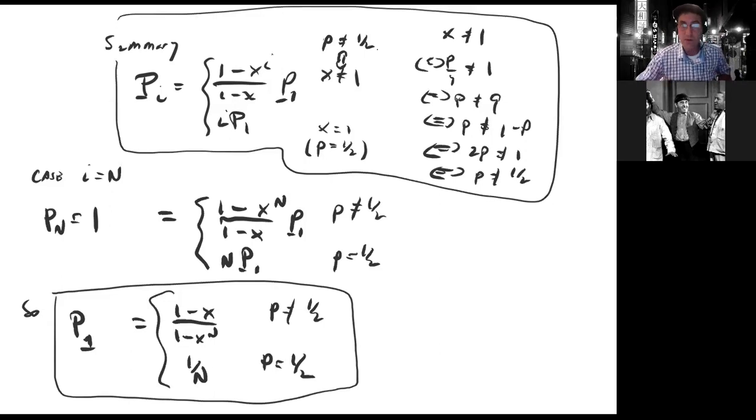So let me write out what that is, and I'm going to summarize again now. If you follow where I am so far, this tells us that PI is going to be equal to... So what I do is I substitute the value I got for P1 into the equation for PI, and this is what pops out.